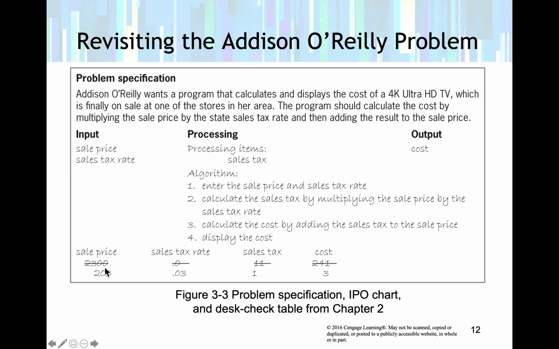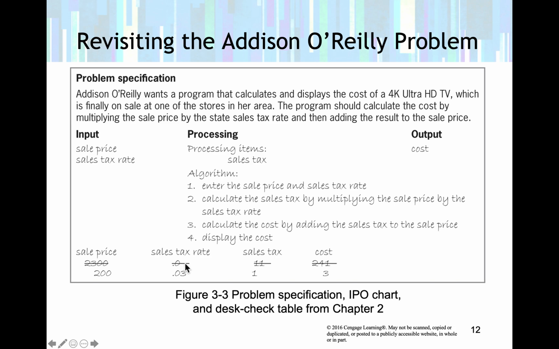So for example, if the price was $2,300, the sales tax, they have 0.0 here, but this is obviously wrong.